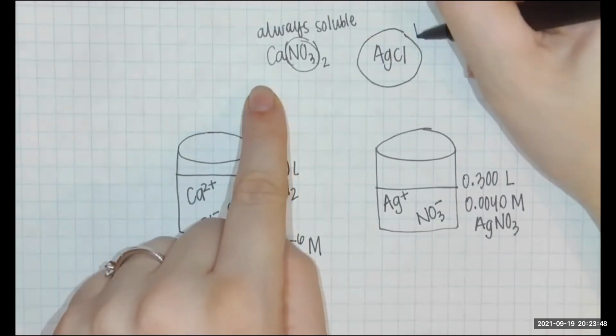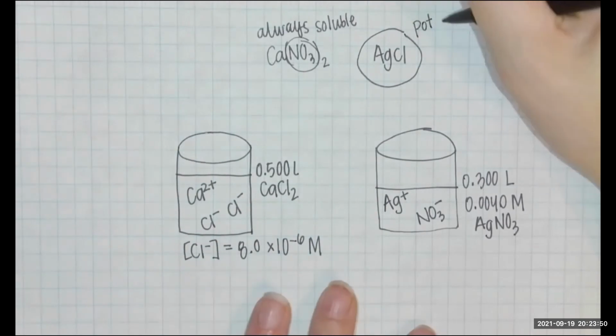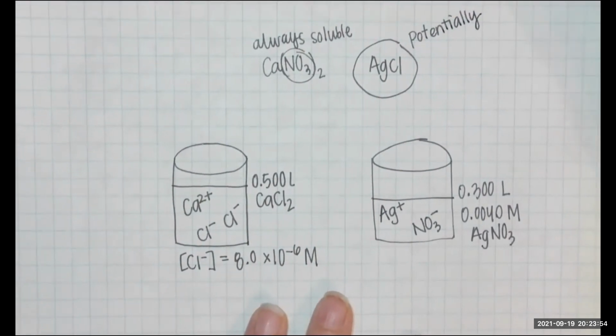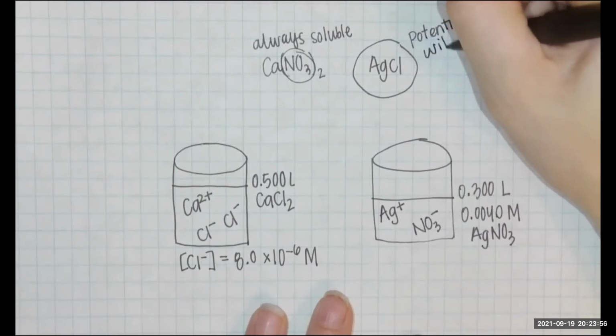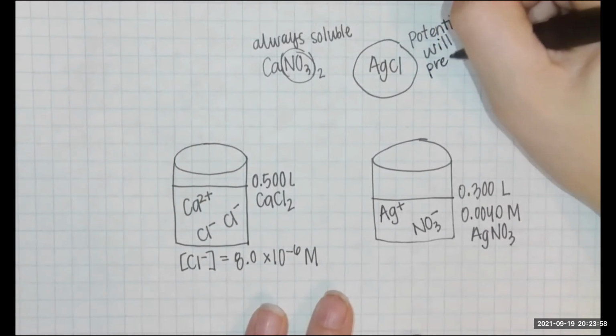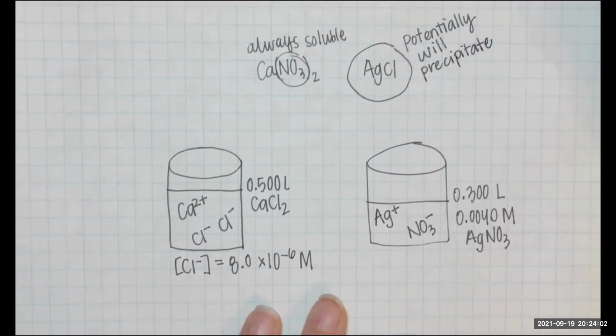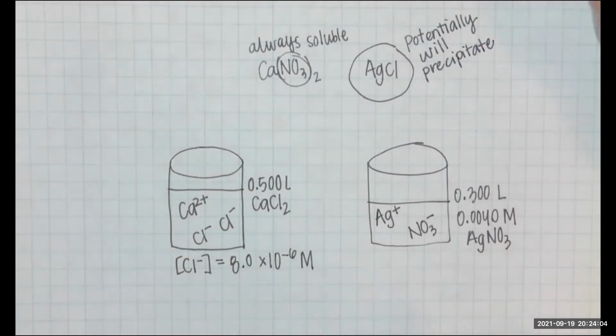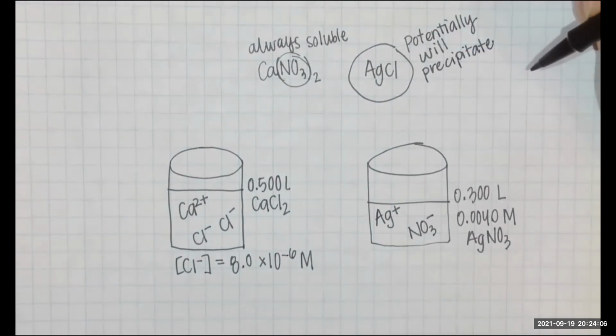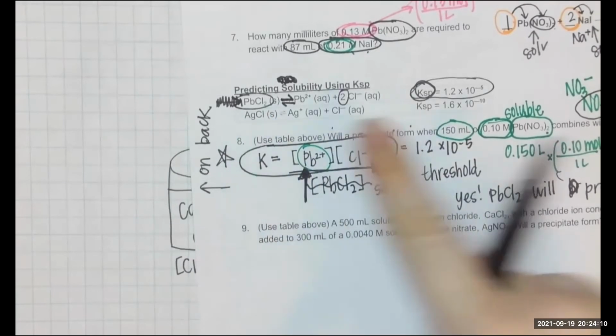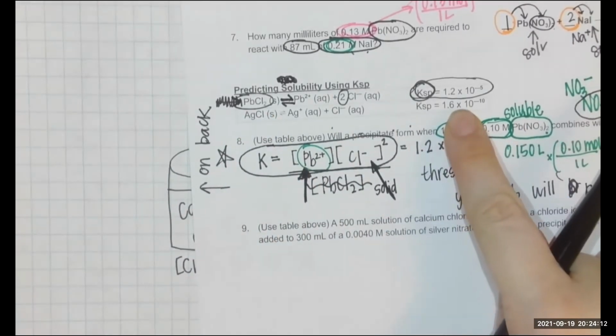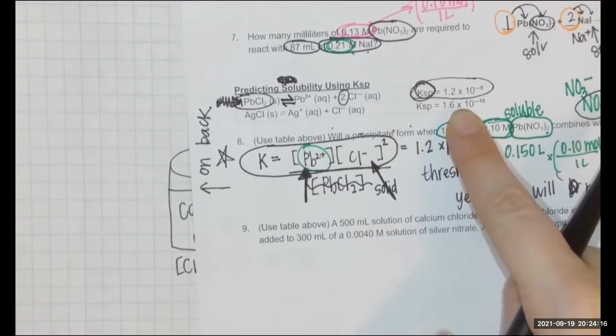So there's no way that this is our precipitate. This one is potentially our precipitate if we exceed the threshold. Maybe. I actually don't know if it will or not. I don't remember the answer to this problem. It looks like it will precipitate if we exceed the threshold of 1.6 times 10 to the negative 10.